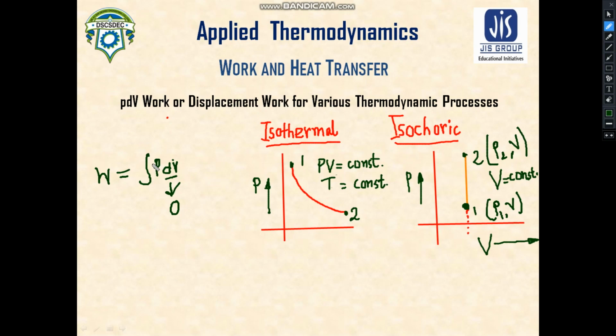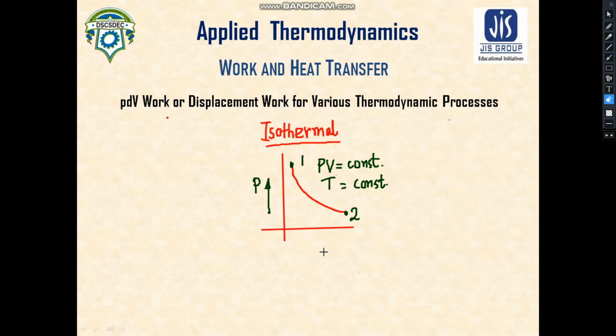So in the case of the isochoric process, no work is done. Okay, so I think you have understood it. In the case of the isochoric process or constant volume process, the work done is 0. But what happens in the case of the isothermal process? That is our discussion now. We shall be discussing this now.